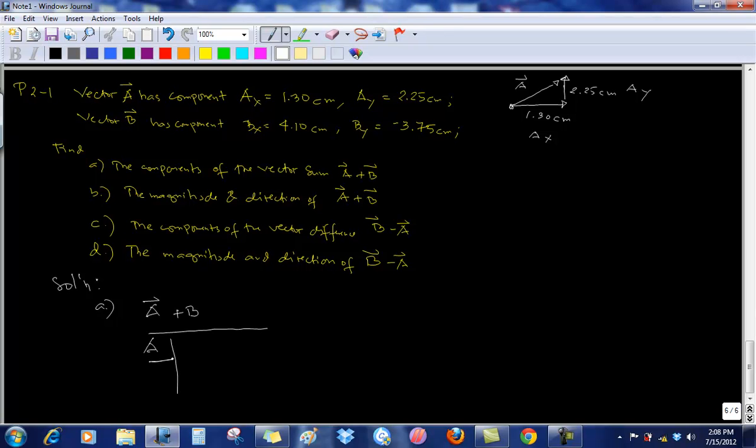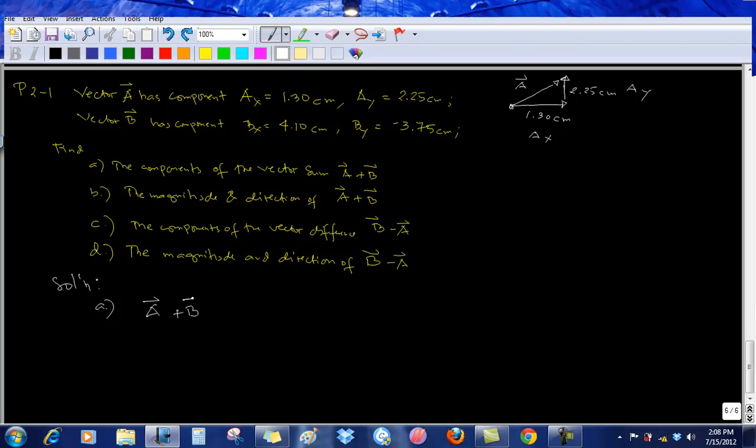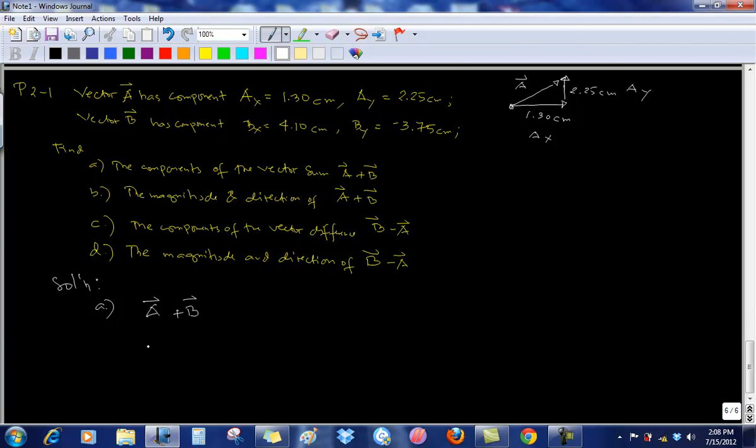Let's draw another table for A plus B, with an x component and a y component.